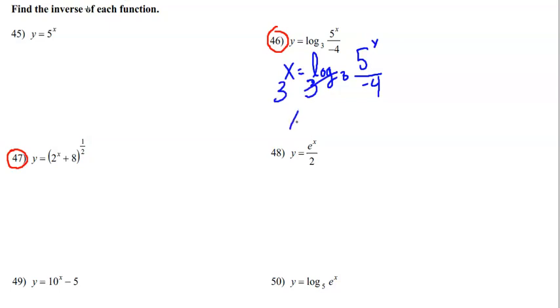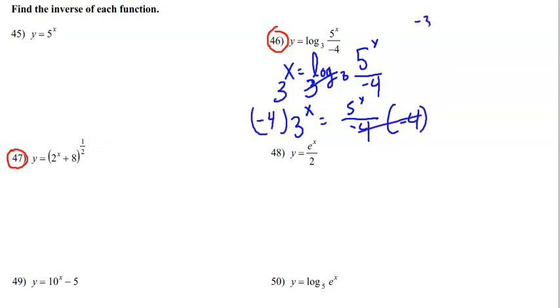So then we have 3 to the x power equals 5 to the y all over negative 4. Multiply each side by negative 4. And you have negative 4 times 3 to the x equals 5 to the y.